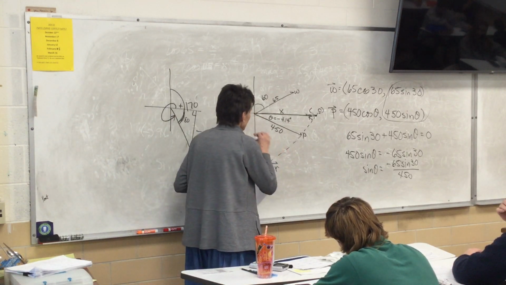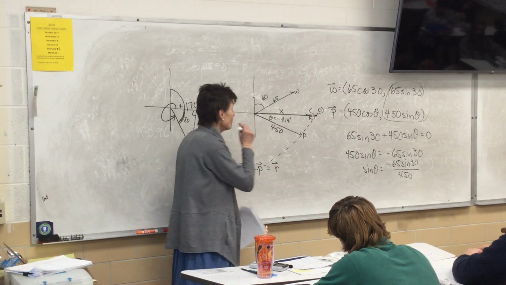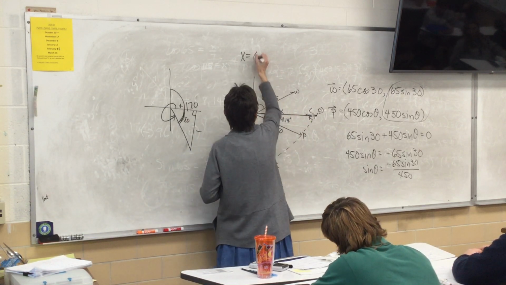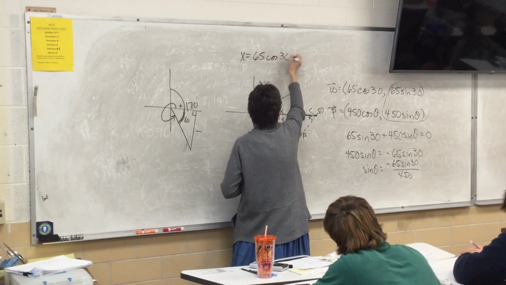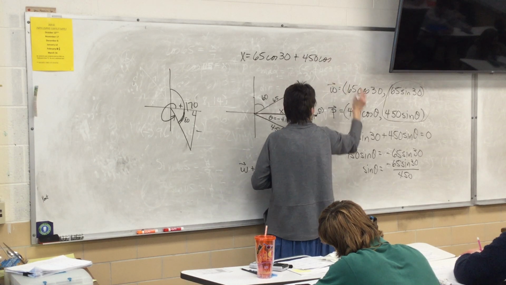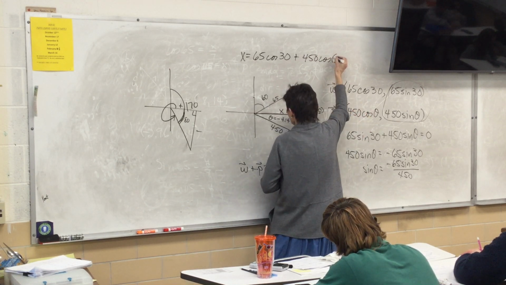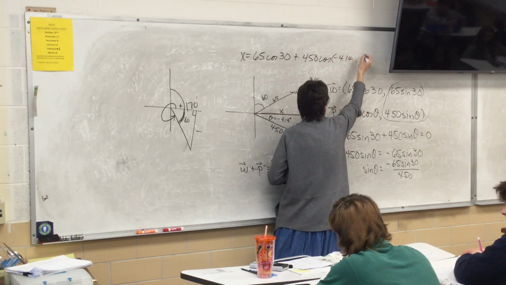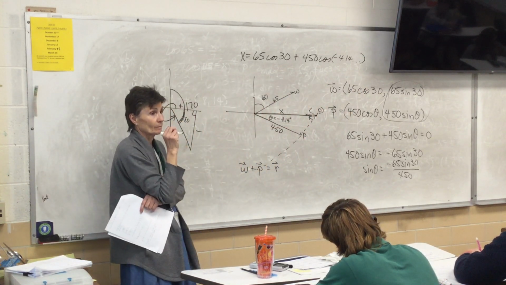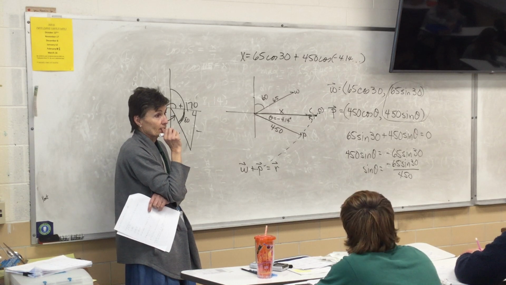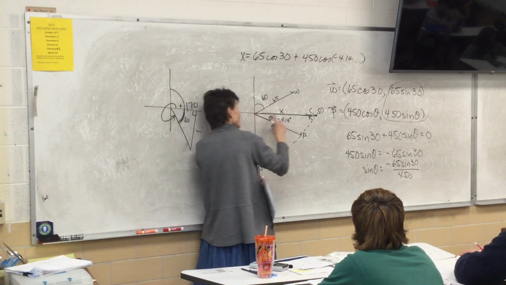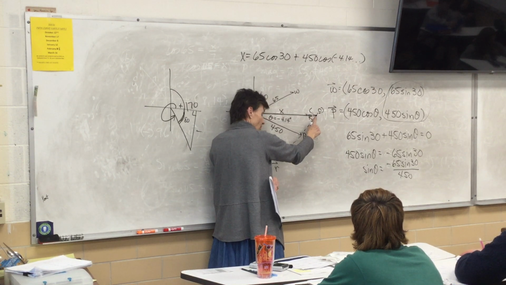Well, can I find X now? Isn't X the sum of 65 cosine 30 and 450 cosine theta, which is negative 4.14? Remember, this is how far the plane's going to actually go in 1 hour.